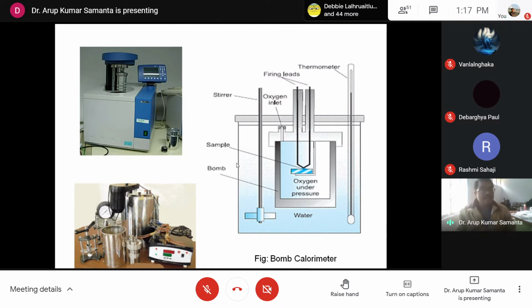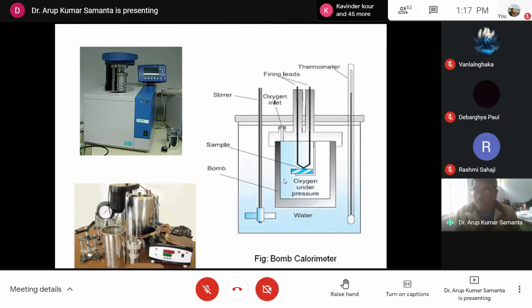So again, this is the bomb calorimeter, and this is the bomb. Actually it is a steel or metallic container, and surrounding this metallic container there is a water jacket where water is put, and one thermometer is attached to it. You have to let the oxygen in from the cylinder and maintain a specific oxygen pressure, that is 25 to 30 atmospheric pressure.